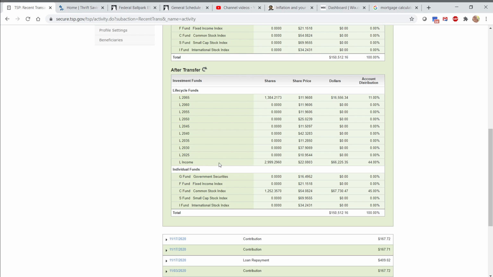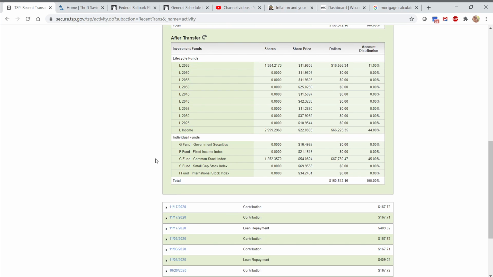So once again, I couldn't predict when it would happen. And for basically the 3 years that I was in the L Income fund, I didn't do as well as I could have if I had been in the L 2065. So pros and cons.